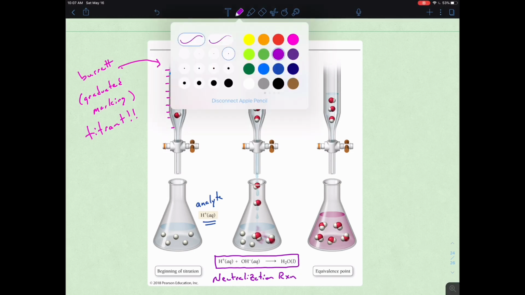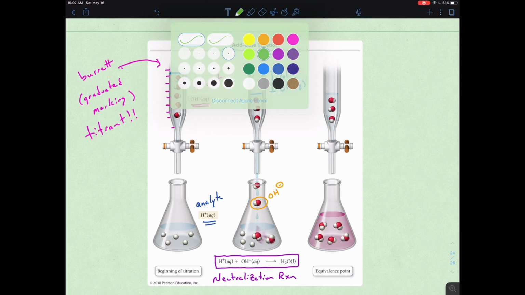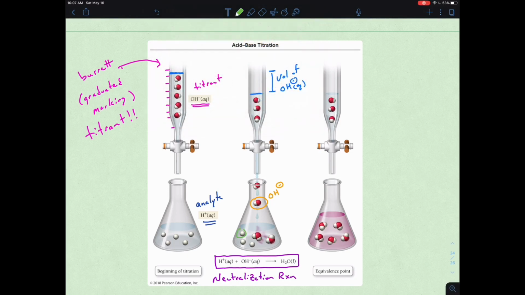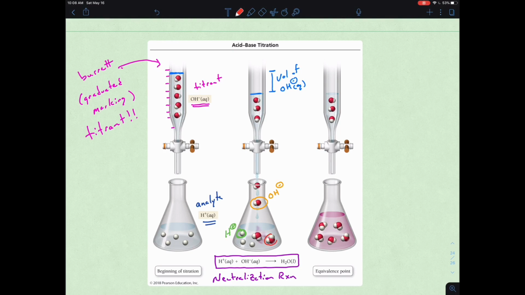Here's our hydroxide, here is our proton, and what we're making is our H2O.